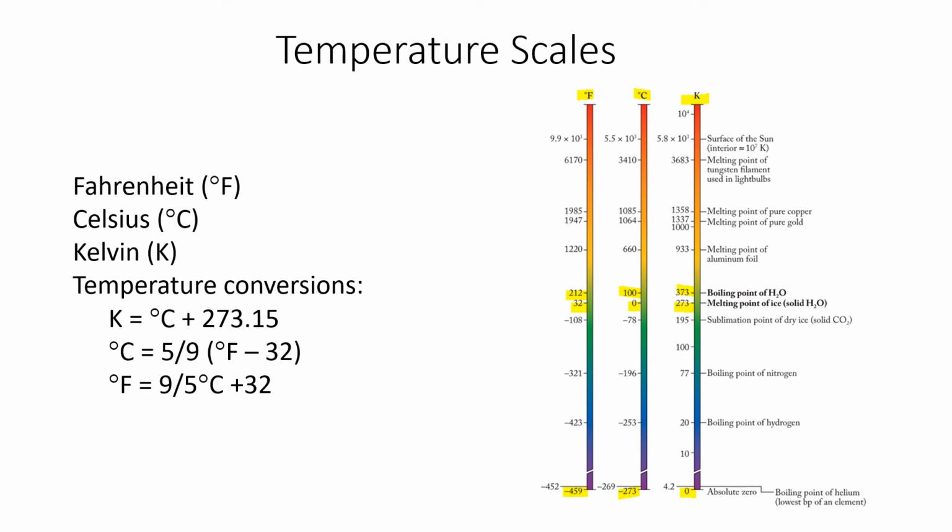It's called the absolute temperature scale because it can't ever be negative. 0 is as low as it can go. Fahrenheit and Celsius, though, we can definitely have negative numbers there. So that's the similarity between Fahrenheit and Celsius, the ability to have negative numbers. Kelvin would be different in that you can't have negative numbers.